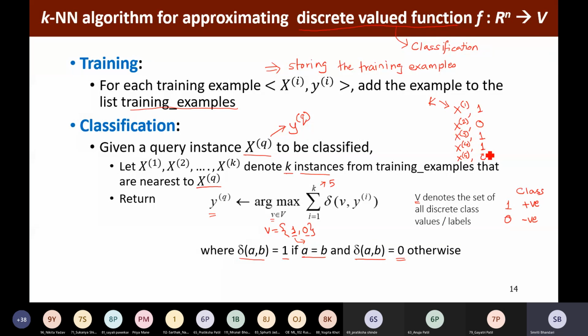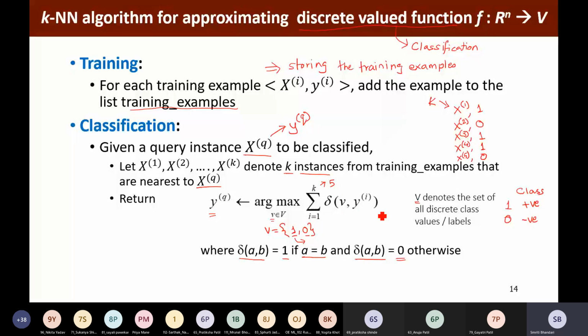Now, if we want to compute this function, what will happen? We pick every value from this set. We have two discrete labels, so we pick the first label, say 1. For this 1, we have the summation over i equal to 1 to 5 because k is equal to 5, and we find the delta function.